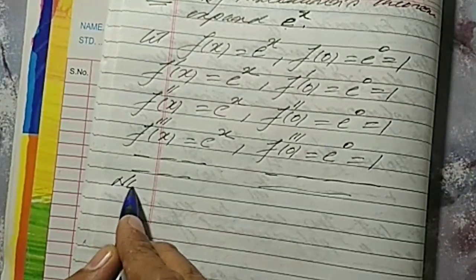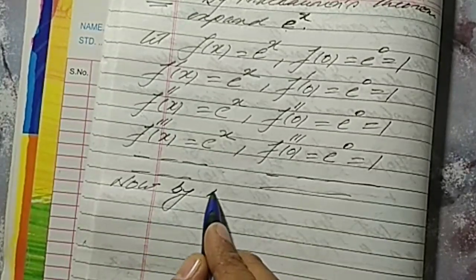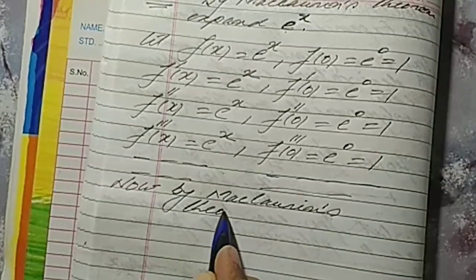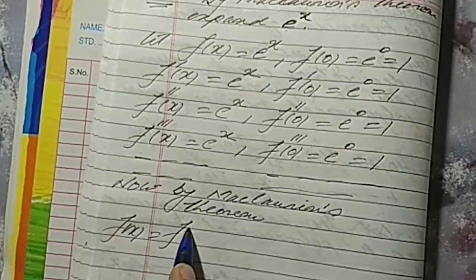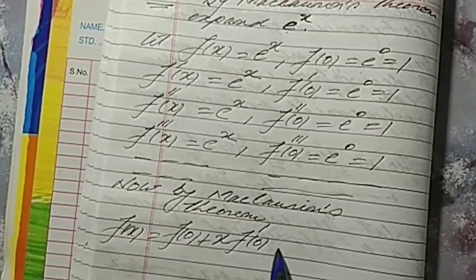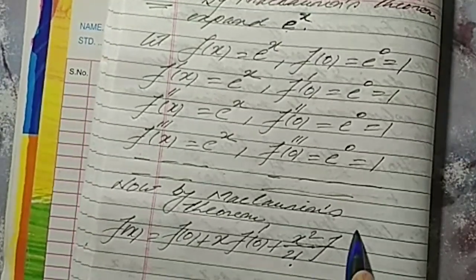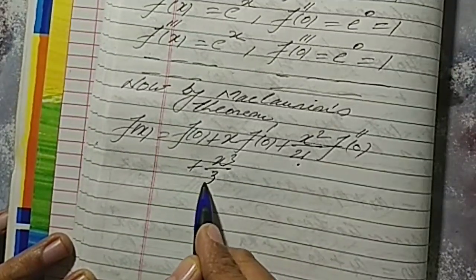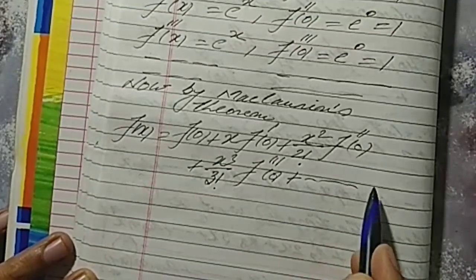Now, by Maclaurin's theorem, f(x) is equal to f naught plus x f dash naught plus x square upon factorial 2 f double dash naught plus x cube upon factorial 3 f triple dash naught, and so on to infinity.